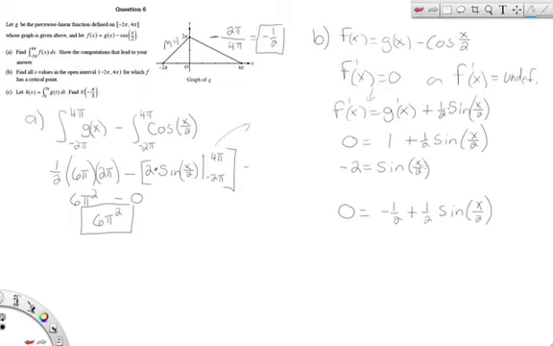X over 2 is going to change the period of the function, but I'm more worried about the amplitude. Sine only goes to 1 and negative 1, and so I'm never going to reach this. So there's no place where we're going to have an issue because of the slope of 1, because nowhere does 1/2 sine of x over 2 satisfy that.